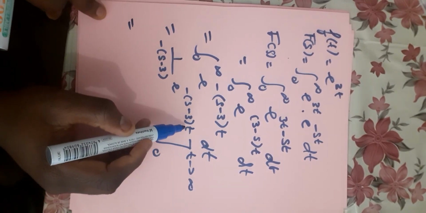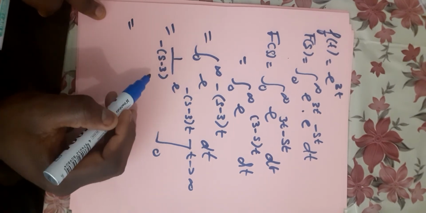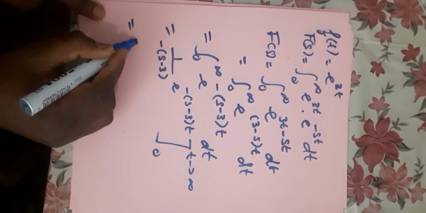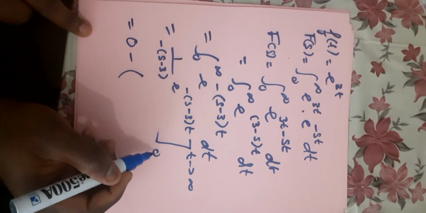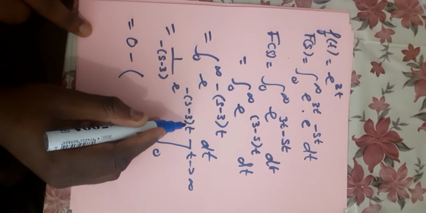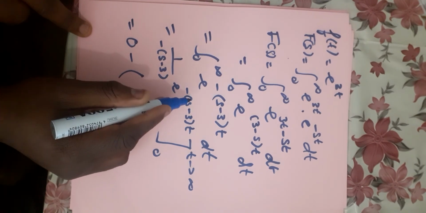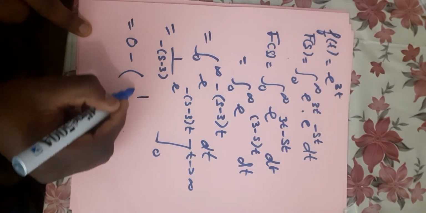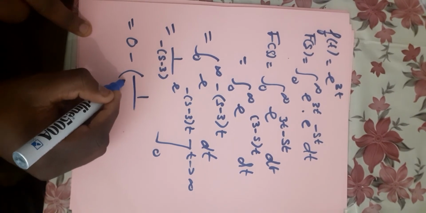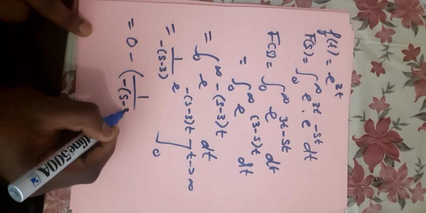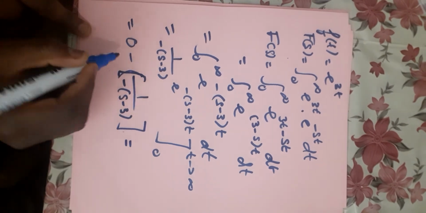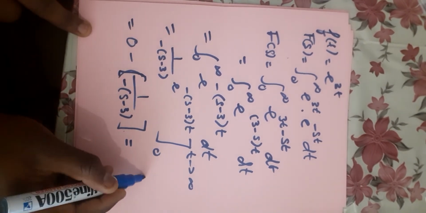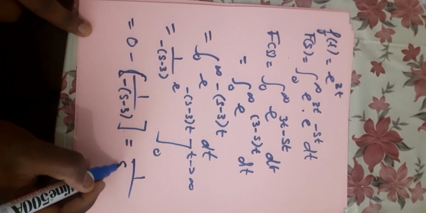When you put infinity here, this thing becomes 0, so we don't care. Then minus, when we replace 0, it gives e to the power 0, which is 1. So I'm going to have 1 over s minus 3, and with the minus sign in front, this gives you a positive 1 over s minus 3. Isn't that cool?